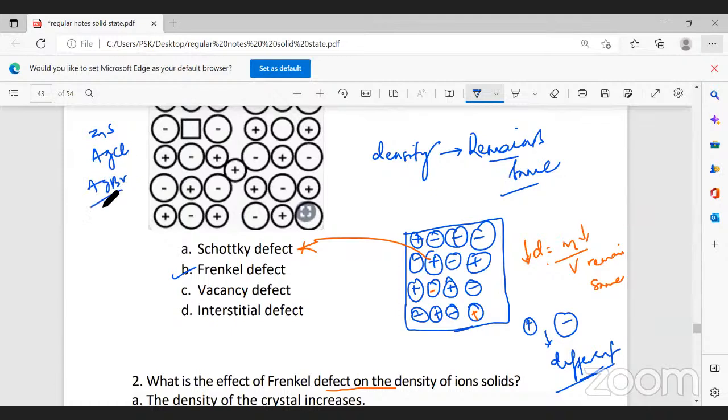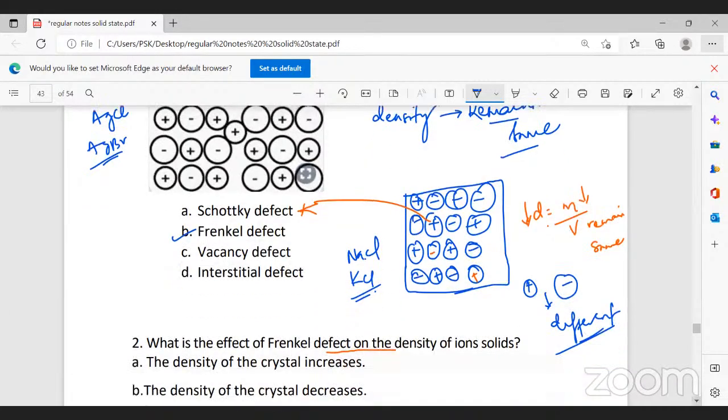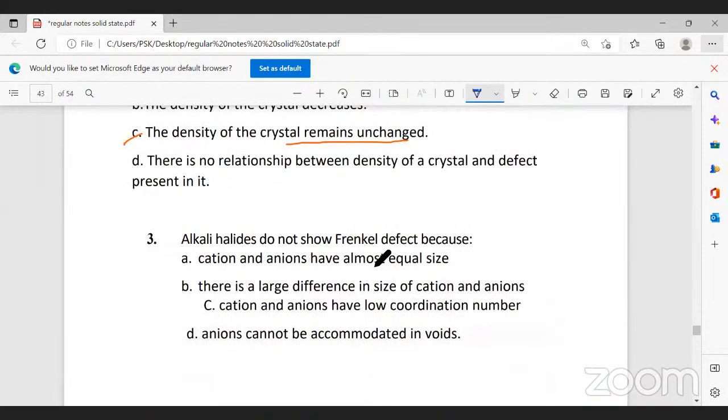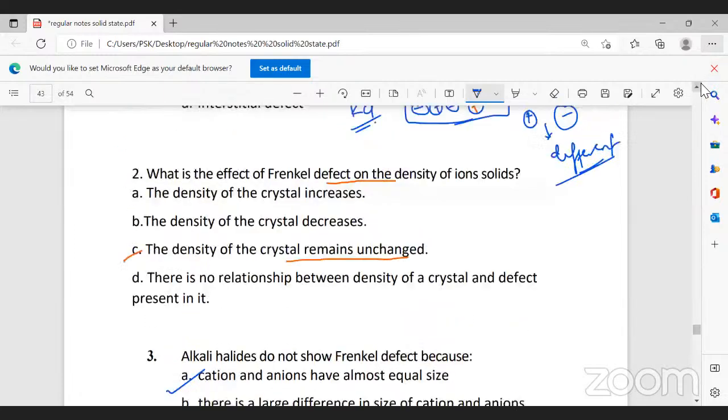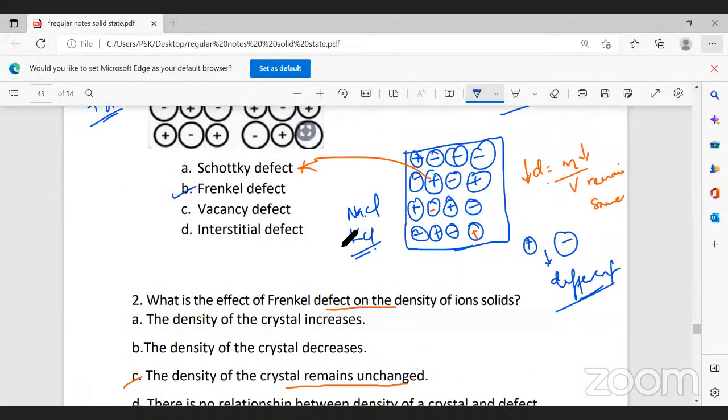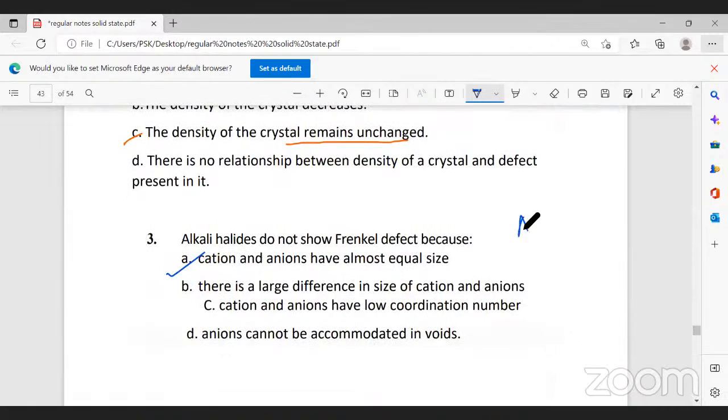In all these there is no large difference in size, therefore they will not show Schottky defect. In case of Schottky defect, examples are NaCl, KCl. So the answer for this question is that cation and anion have almost equal size. When I say cation and anion, be more specific. For Frenkel defect I gave NaCl and KCl. I never mentioned AgCl. Now the question is, is AgCl an alkali halide?